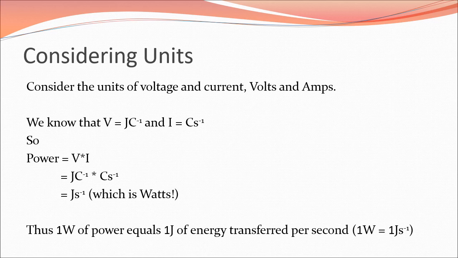Putting those units into our power formula, P equals V times I, we have joules per coulomb multiplied by coulombs per second. The coulombs over coulombs cancel to 1, so we are left with power equals joules per second, and that is the SI unit for watts. So 1 watt of power equals 1 joule of energy transferred, generated or used per second. So 1 watt equals 1 joule per second.